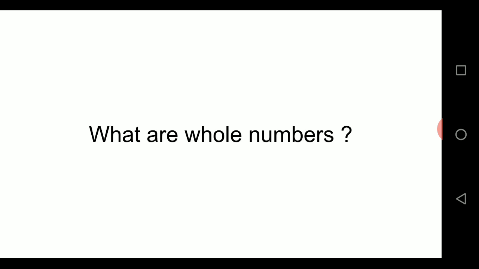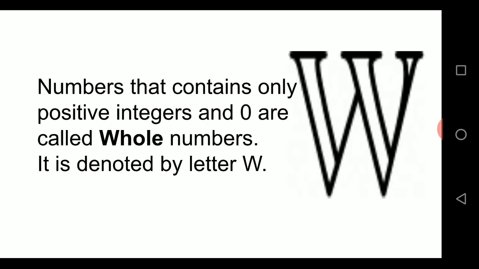So what are whole numbers? So far I've been telling you whole numbers are integers, but actually whole numbers are a separate subset that comes out of integers. So what are these whole numbers? Let's find out.